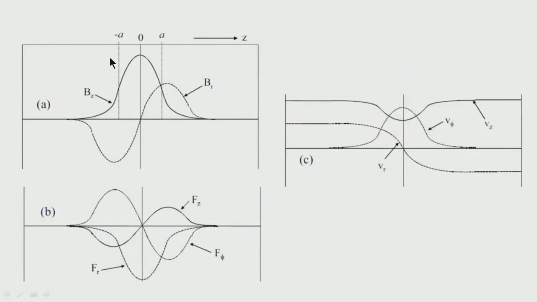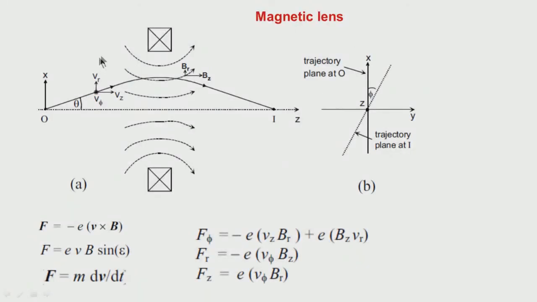Here, how the forces act on electrons, as well as the magnetic flux field lines and how the velocities are affected, is being shown. In this particular case, one can immediately make out that it looks like a cylindrical geometry, like a solenoid.